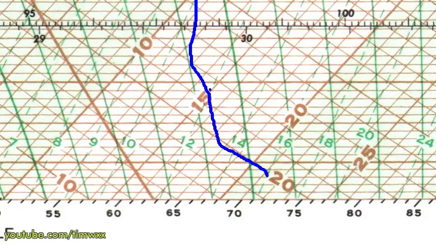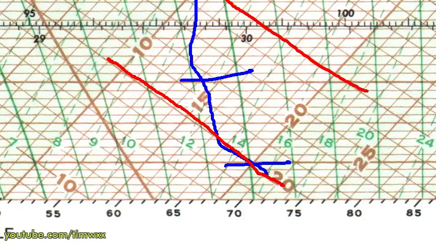So as we go up with height in this sounding, we notice that the potential temperature increases with height. Potential temperature lines slope up and to the left. See, we have 20 here. As we go higher, we have 30 and 40. So we start out with, say, medium potential temperature values, and they become warm with height.